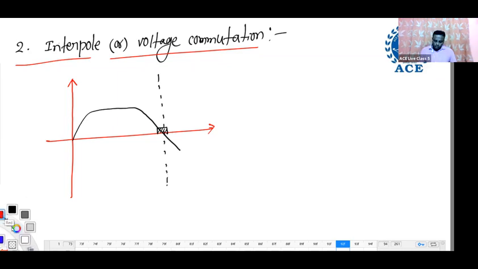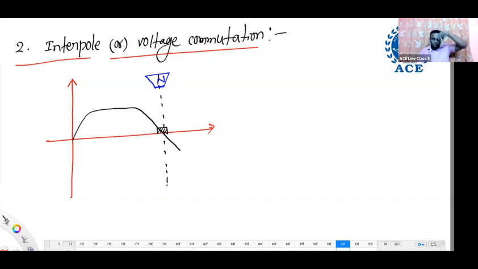Now, during armature reaction, if you place interpoles, say some north pole, interpoles will produce a flux opposite to the armature flux.